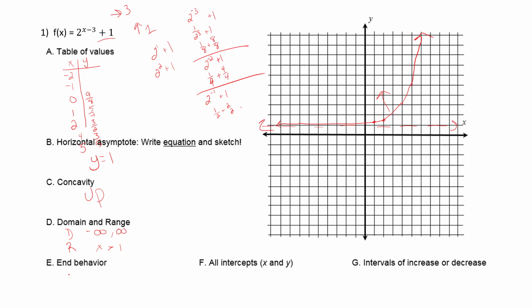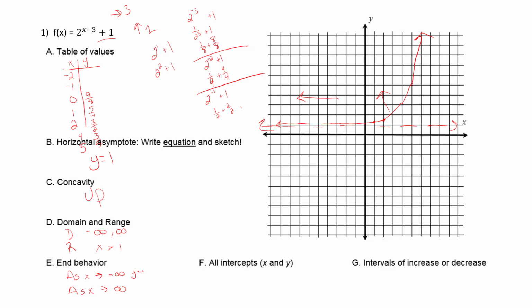End behavior. We want two statements here. As x approaches -infinity and as x approaches positive infinity. So as x approaches -infinity, in other words, my x's go further and further to the left, what are my y's doing? Well, they're getting closer to this asymptote.